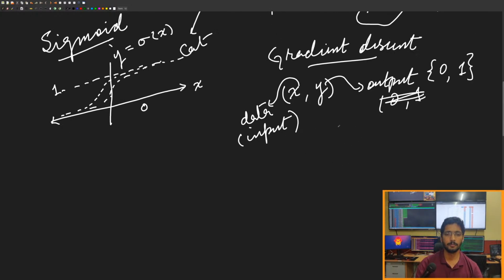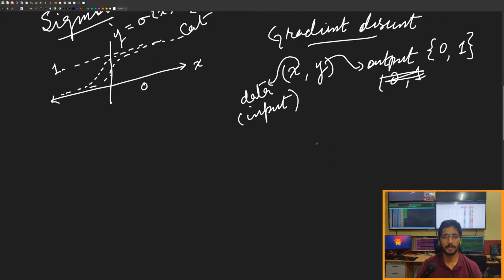Now, what we want to do is we want to have a measure of how well our neural network is doing. So what we'll do is we'll define the action of a neural network, f of x, as this sigmoid function applied on w dot x plus b. Okay.